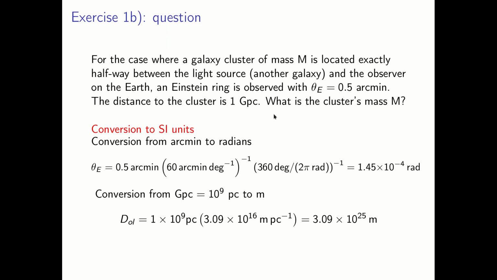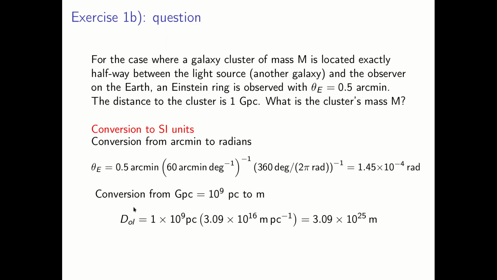So, to convert arc minutes to radians, we have to multiply the data we are given by 60 arc minutes per degree to the minus 1. Once we convert it into degrees, we can go from degrees to radians using the usual proportionality factor for degrees and radians. And the result is 1.45 times 10 to the minus 4 radians.